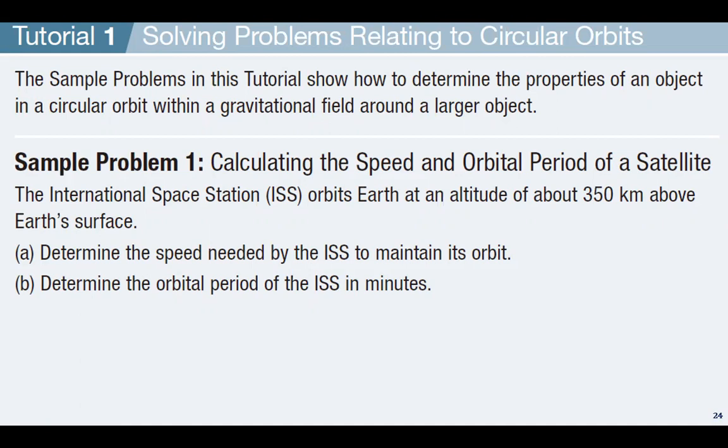The International Space Station, or ISS, orbits Earth at an altitude of about 350 kilometers above Earth's surface. First, can you determine the speed needed by the ISS to maintain its orbit? Next, determine the orbital period of the ISS in minutes. I'll give you 5 minutes to consider this problem, and after that, we'll have a look at the solution together.